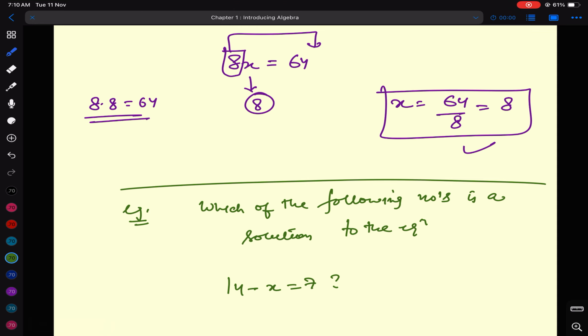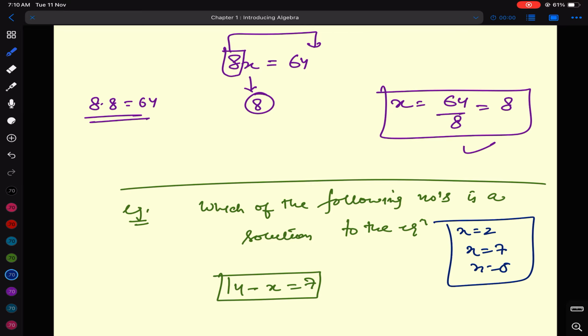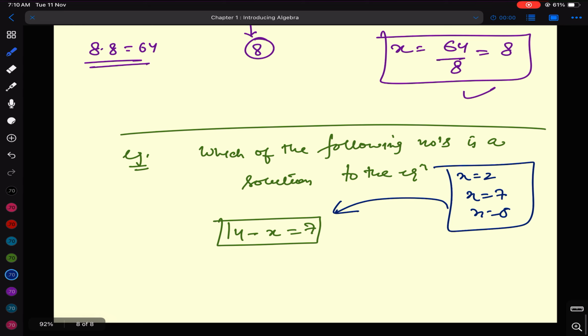Now we have to figure out which of the following is the solution to this equation. So what are the options? x is equal to 2, x is equal to 7, and x is equal to 8. These are the options given to us, and we have to figure out which one is the solution of this equation.